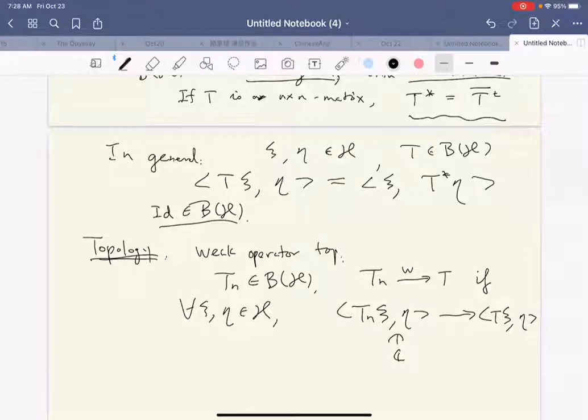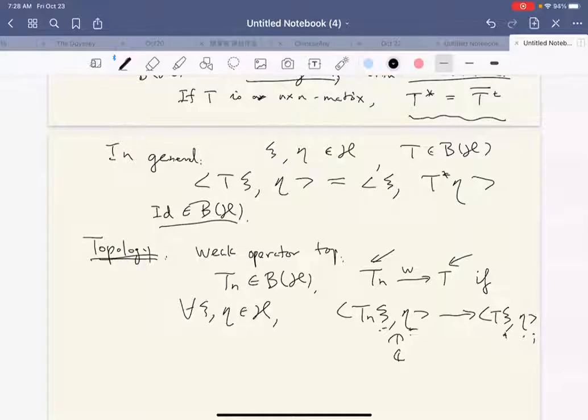I thought physicists might like this because, usually in quantum mechanics, Tn would be your observables, like position or momentum or energy. And we say that this observable is close to another observable if you do an experiment under this psi and eta, the result converges to the experiment under this condition.